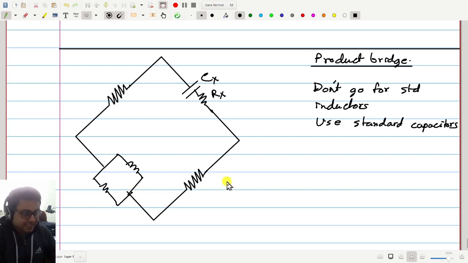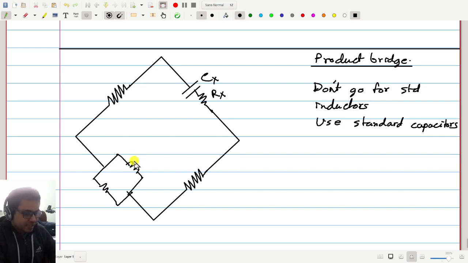One obvious reason is that to make a pure inductor is impossible, because it will always have coil conductor resistance along with it.